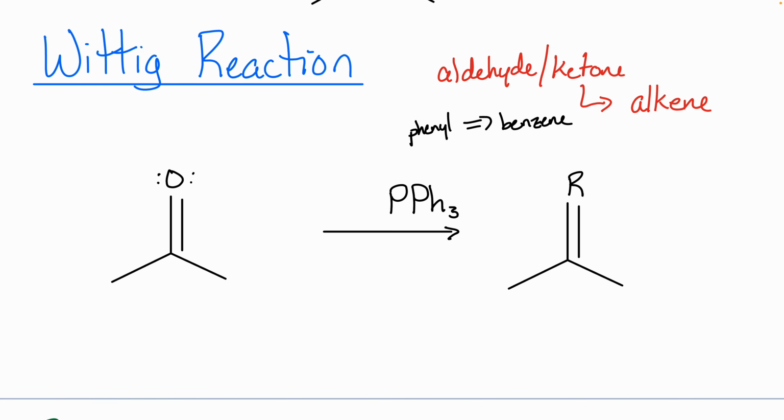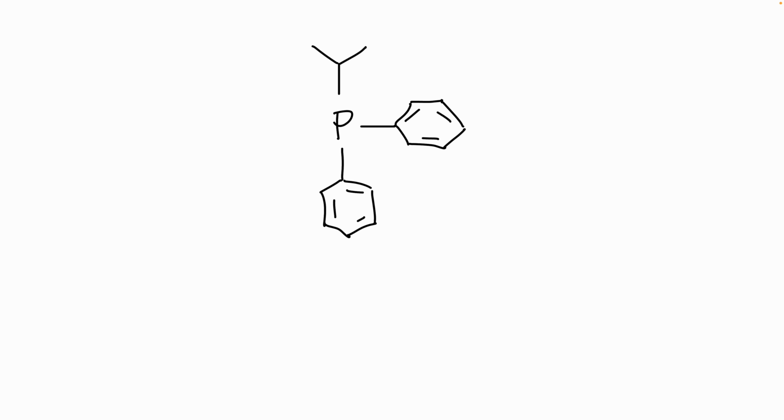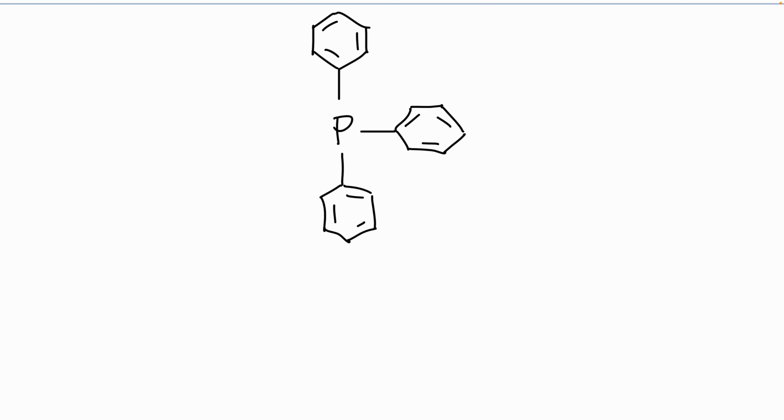So you'll hear this term thrown around a bunch. So this is phosphorus. I'm just going to sketch it out real quick. This is phosphorus bonded to 3 big old benzene rings. All right, so that's this triphenyl phosphorus.